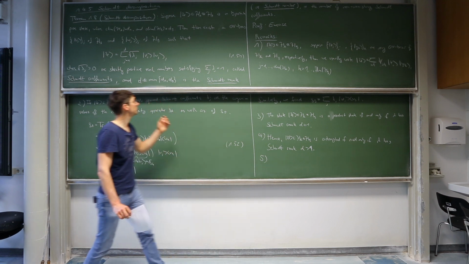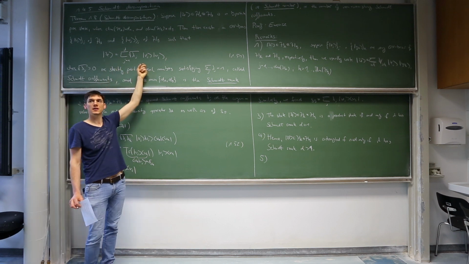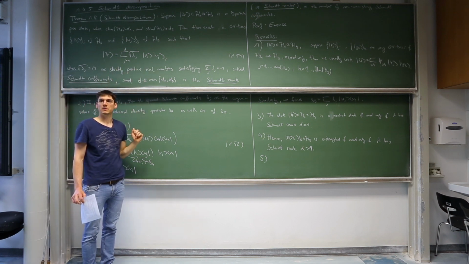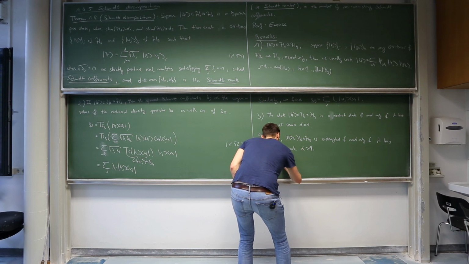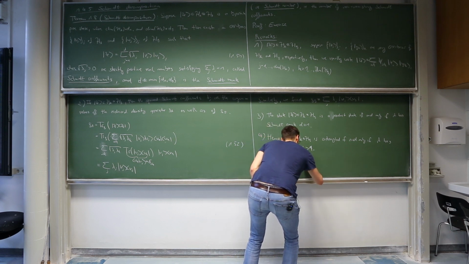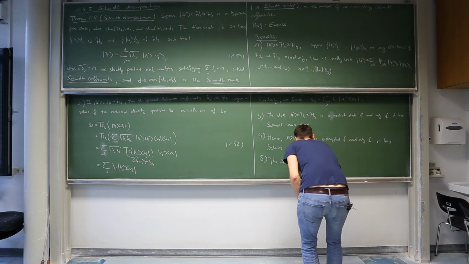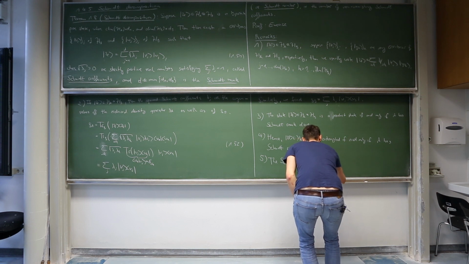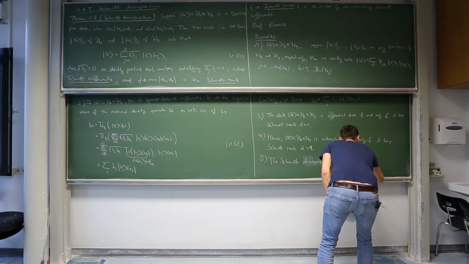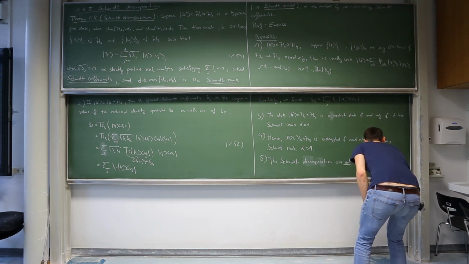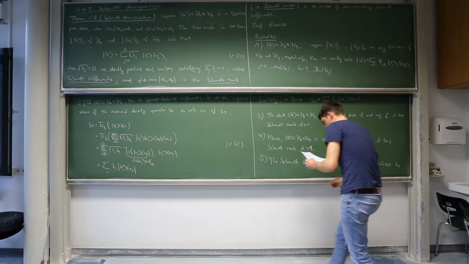So this form you can, in general, for every state, find only for a bipartite state, but not for partitions with more than 2 parties.